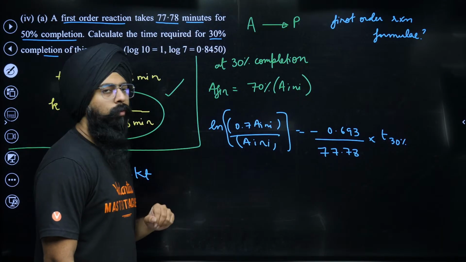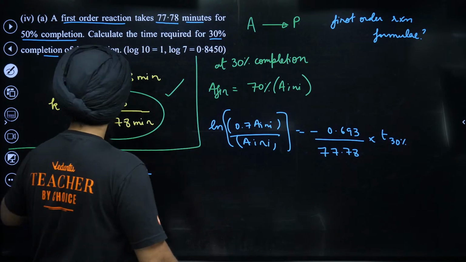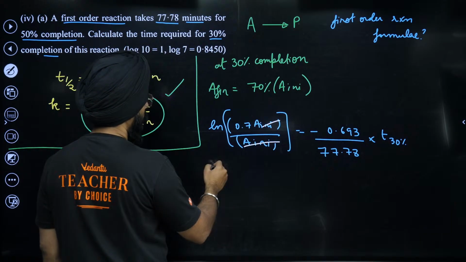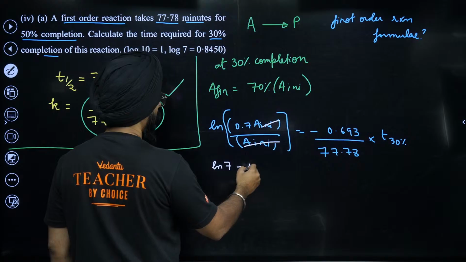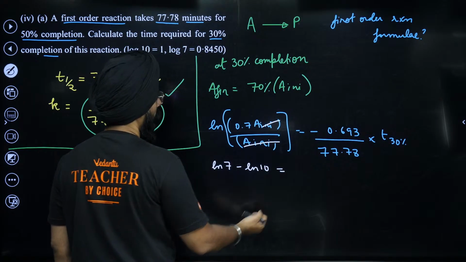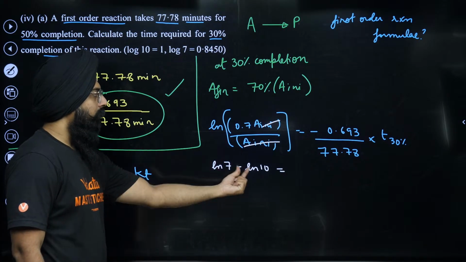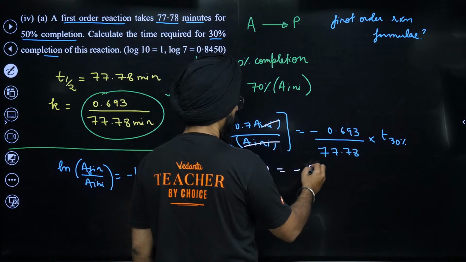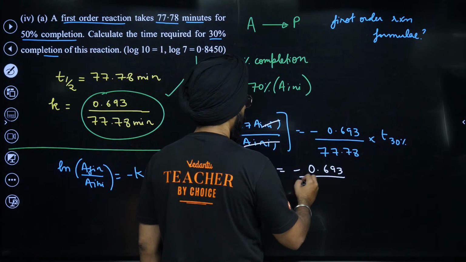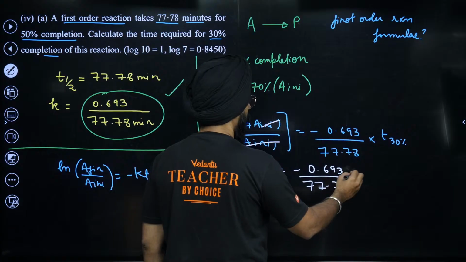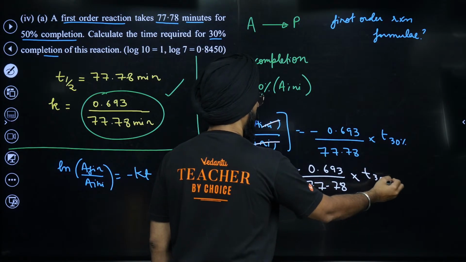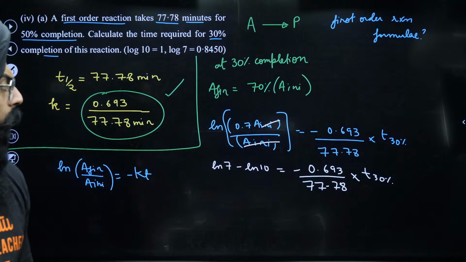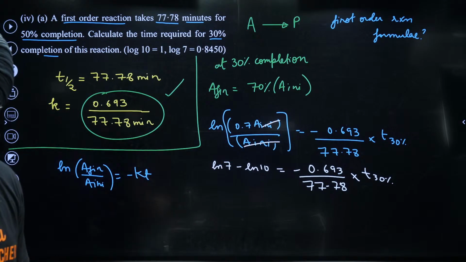Now it is just about calculation. So you can cut A initial by A initial over here. Ln 0.7 can be written as ln 7 minus ln 10 because this can be written as 7 by 10. This is equal to minus 0.693 by 77.78 into T 30%. Can you do the calculation, please? Can you calculate what is the T of 30%?